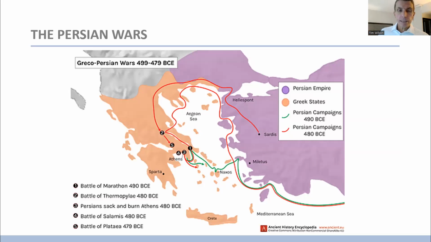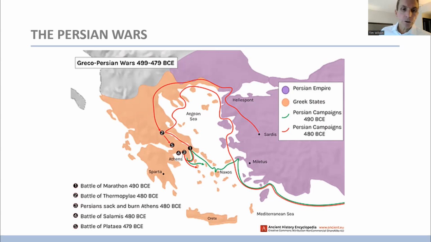The first major campaign led to the Battle of Marathon, and the Persians, you see in that green line, their campaign was bringing troops over by fleet, landing on the territory of Attica there. Athens sent out an army and defeated the Persians at the Battle of Marathon.